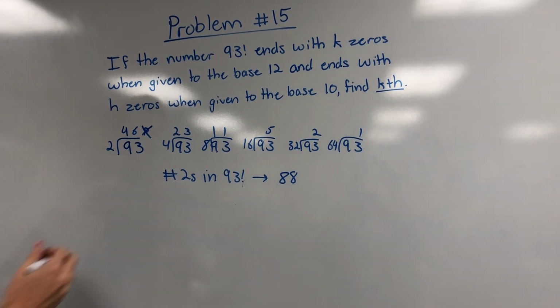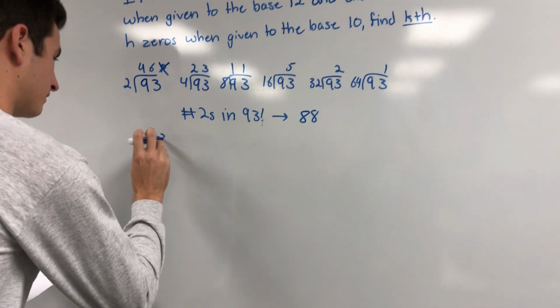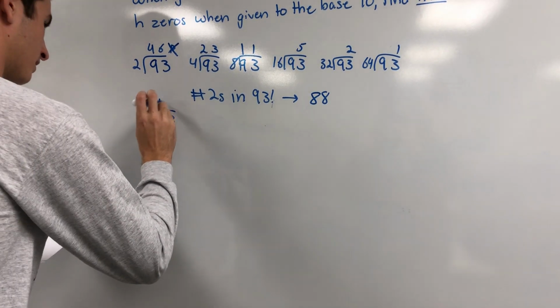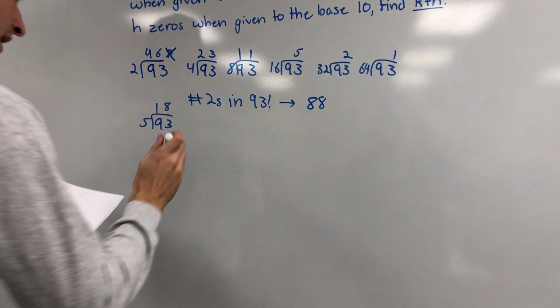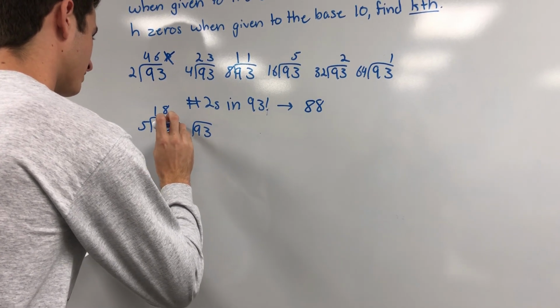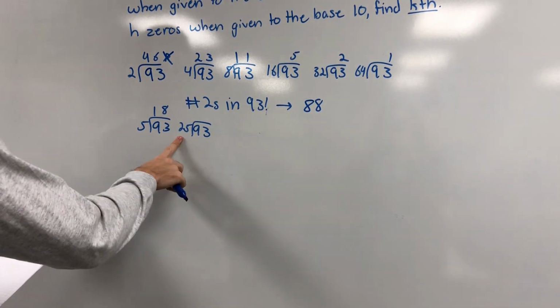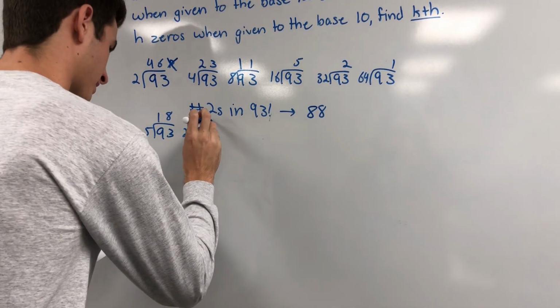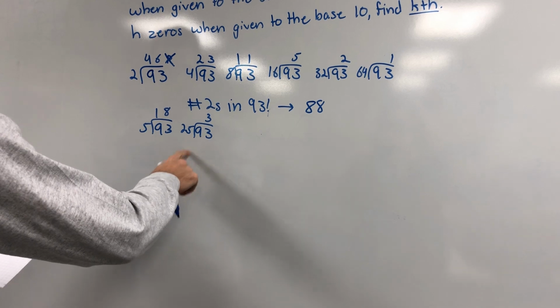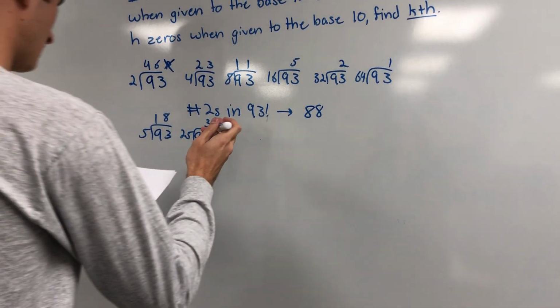Now we have to find the number of 5s. So divide it by 5, and that gives you 18 with a remainder that we don't care about. And then divide it by 25, because that gives us an extra 5, and that's 3. And then the next one would be 125, but that doesn't go into 93.